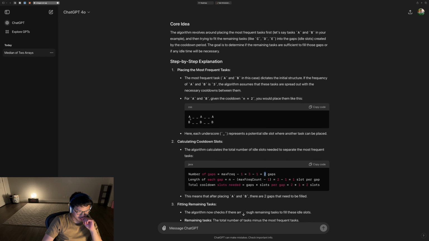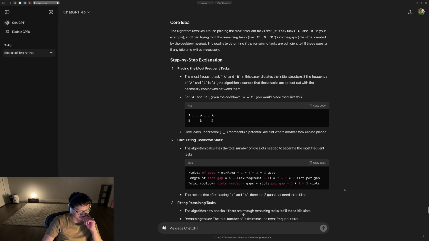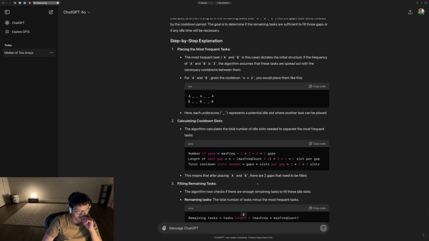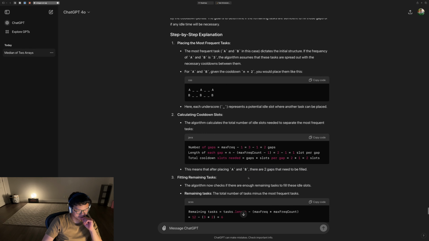Two gaps. Yep, 1, 2. Length of each gap is 1. Because this B would be there. This B would be there. Yep.